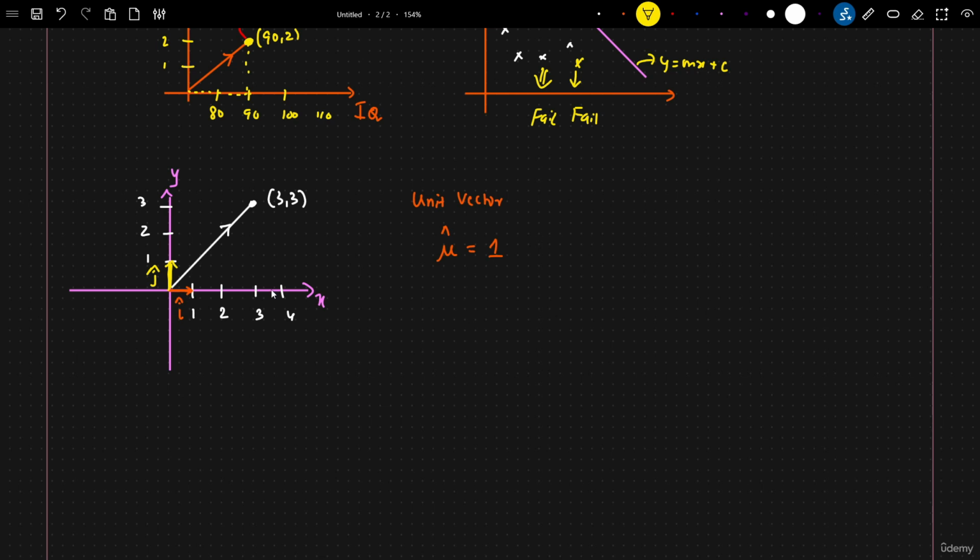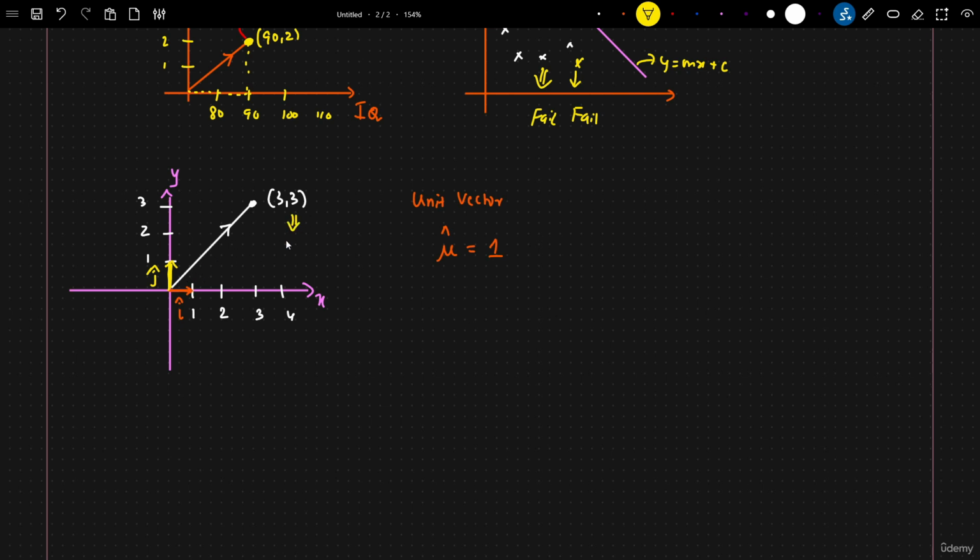Now, if I say 3 unit vectors towards the x-axis, that basically means I'm moving 3 times the unit vector, like 1, 2, 3. Similarly, if I say 3 unit vectors towards y, I'm moving 3 positions towards the y-axis. The unit vector value is 1.